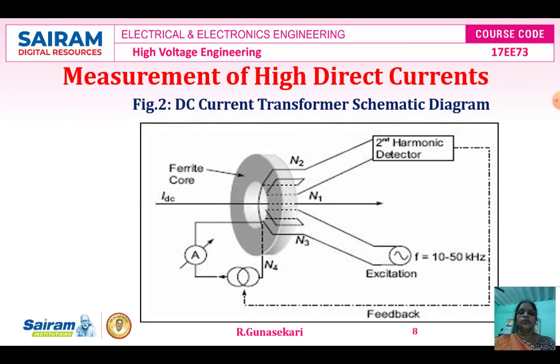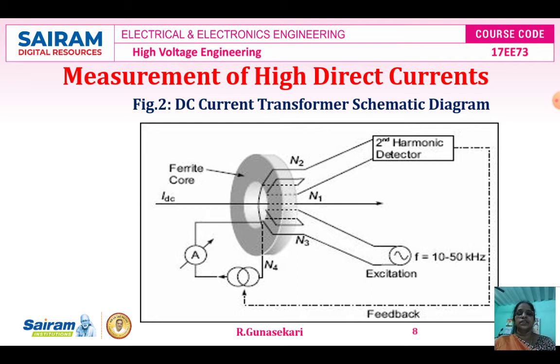So the ferrite core, that is the circular portion, N1, N2 primary and secondary turns of the transformer is there, and then N3 and N4 are the number of turns for the third winding and the fourth winding. Third winding is the excitation winding, and then ammeter, and then current IEDC.